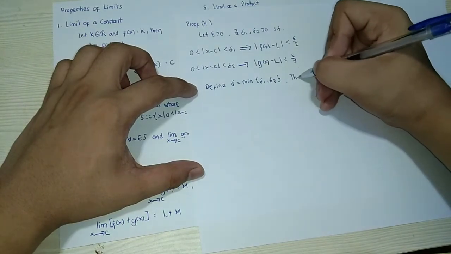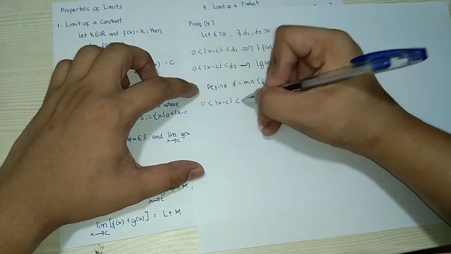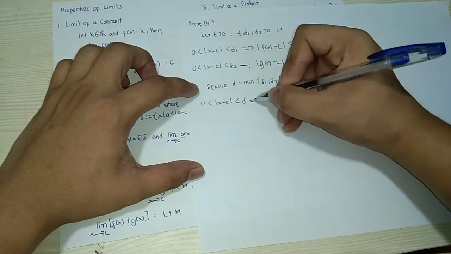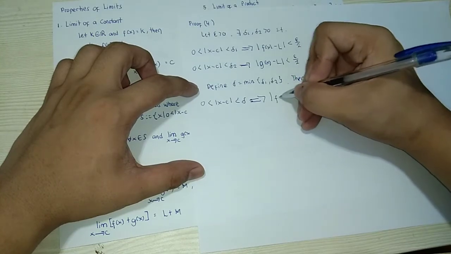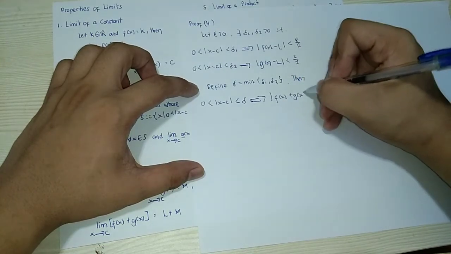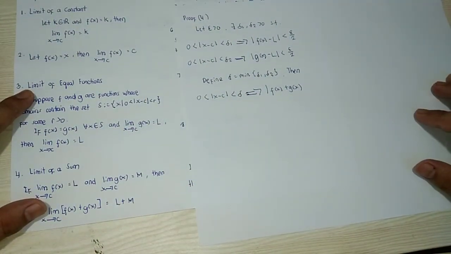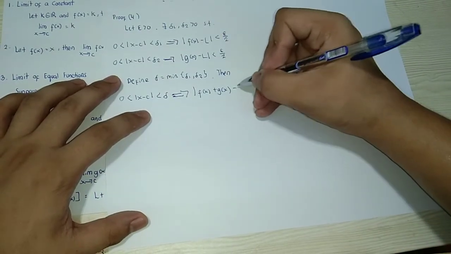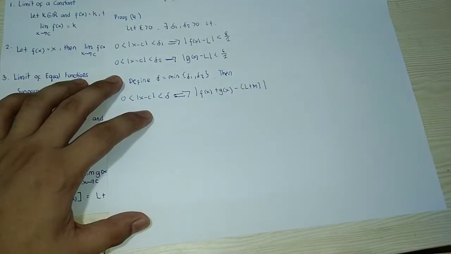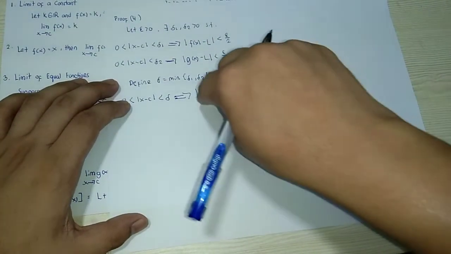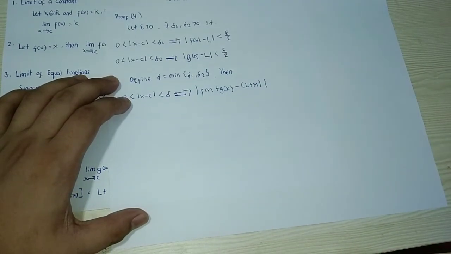So then 0 less than absolute value of x minus c less than delta implies the absolute value of f of x plus g of x minus L plus M. So dito kukunin na natin yung sa limit ng sum. Dapat mapalabas natin to na less than epsilon para masabi natin na yung limit ng f of x plus g of x ay L plus M. Okay, so dapat less than epsilon siya.